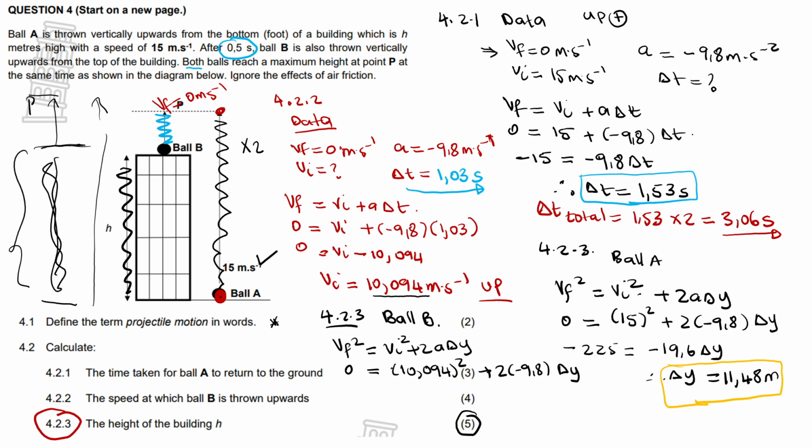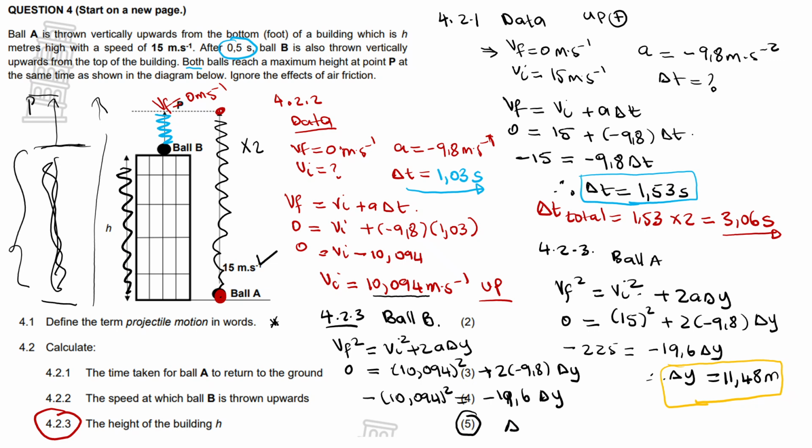Okay, so now when I say 10.094, and this is squared, I get 101 point something. Let us not round that because this will give us problems. So we can bring this side to be negative 10.094 squared. It's equal to negative 19.6 delta y.